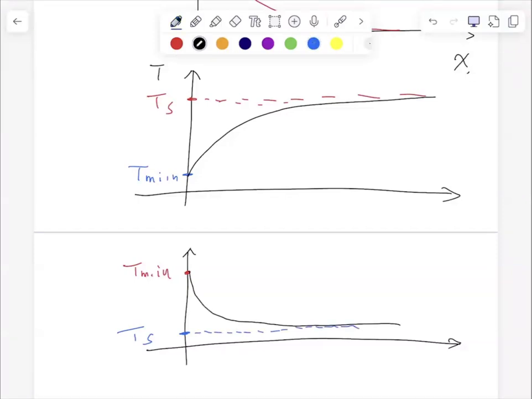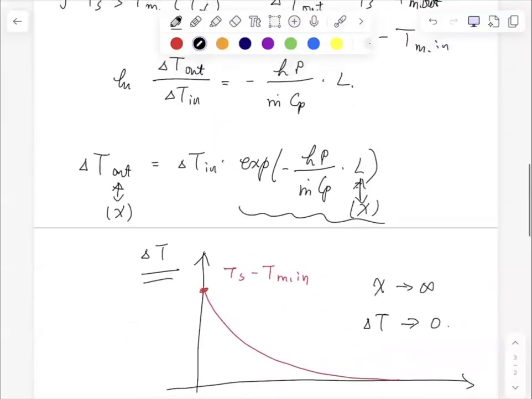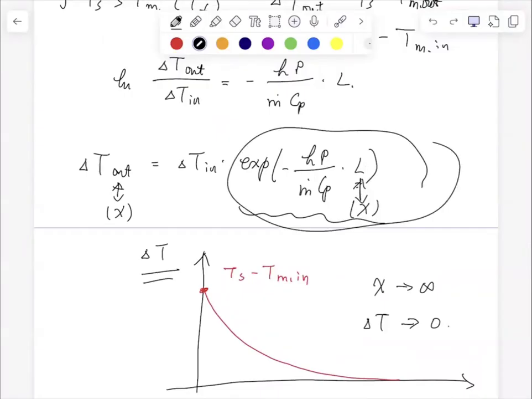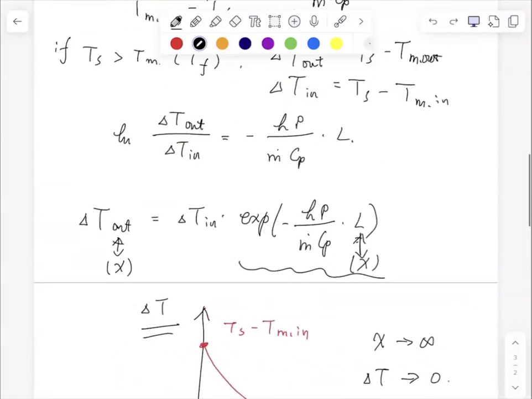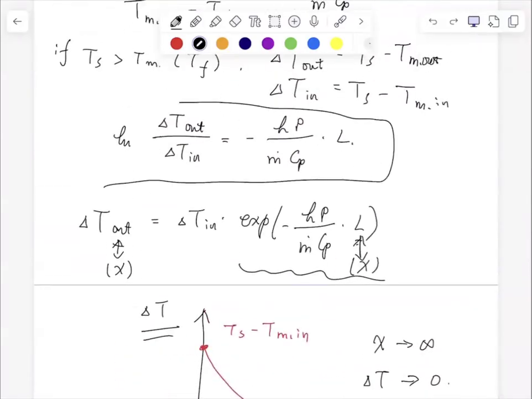All right. So this is the temperature profile along the position. Along the position, it follows the exponential decay function. And then to go further, I'm going to use this equation to rewrite it. Just a second.